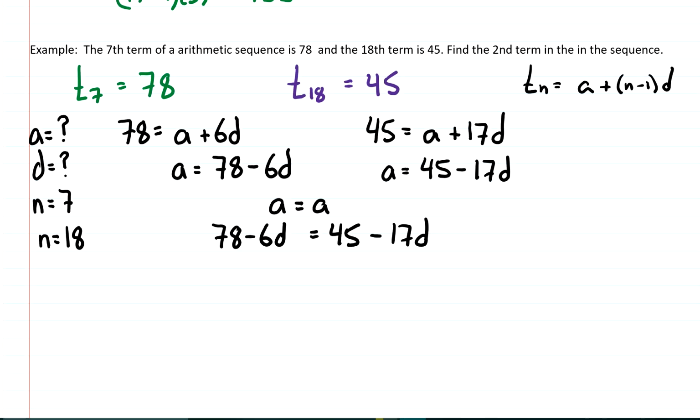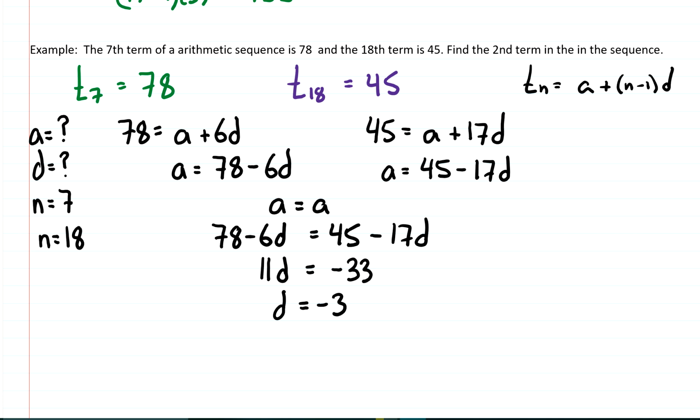The d value should be negative here, I'm hoping. So if I bring the d's to the left-hand side, I'm going to get 11d. And if I take 45 and I subtract 78, that's going to give us negative 33. So we divide both sides by 11, and we get d is equal to negative 3.